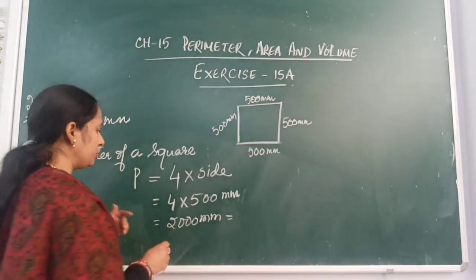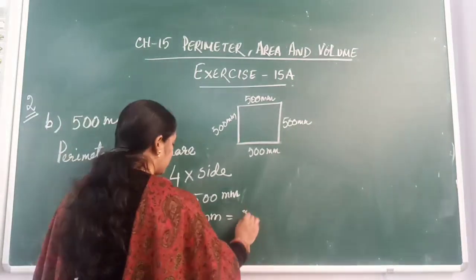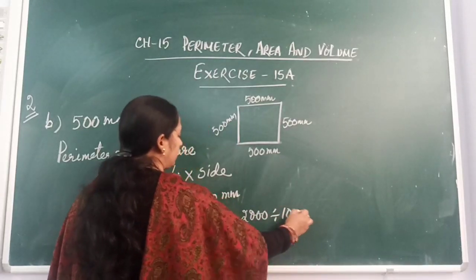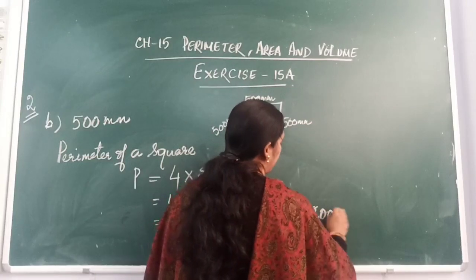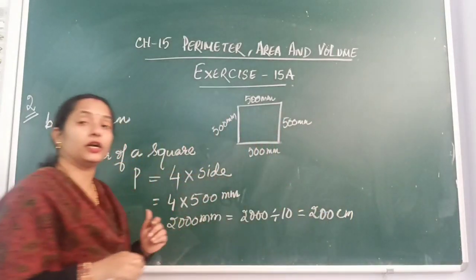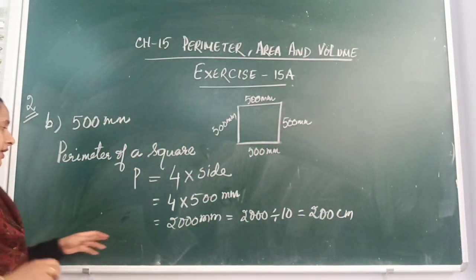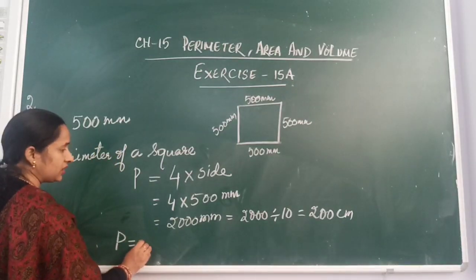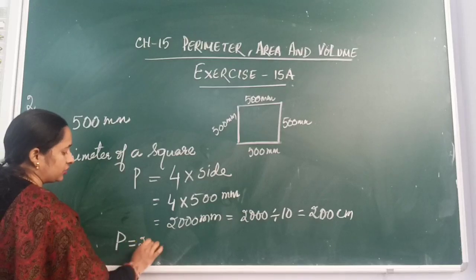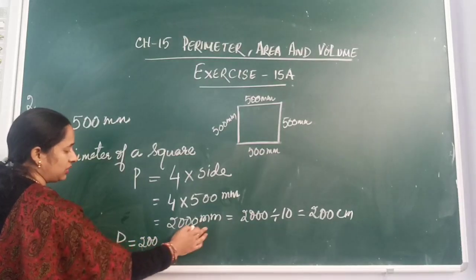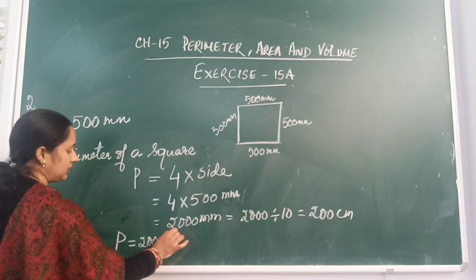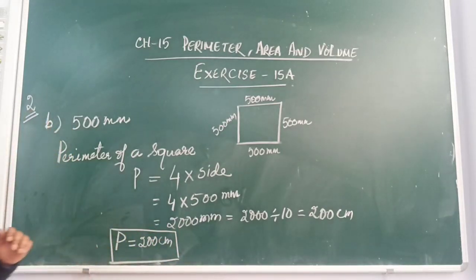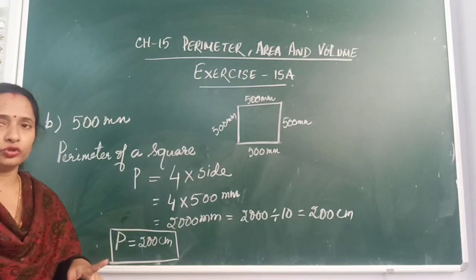So you will divide by how much? You will divide by 10. So 2000 divided by 10 will give you 200 centimeter. Understood? So finally the perimeter of the square with the side 500 millimeter is equal to 2000 millimeter or 200 centimeter. Understood? So the other two bits you have to do by yourself.